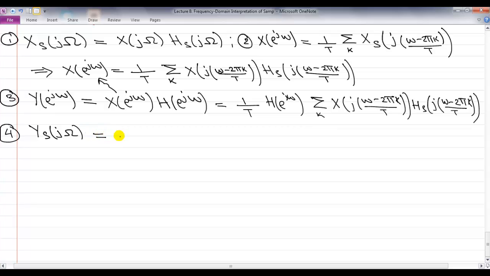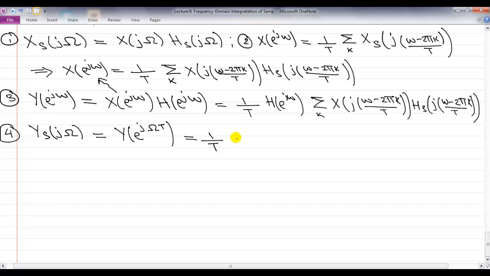That relationship is simply a scaling of the frequency axis. So we just take whatever is y of e to the j omega, and scale the frequency axis by a factor of 1 over t. Now I just replace everything that I have written up there with little omega replaced by capital omega t.